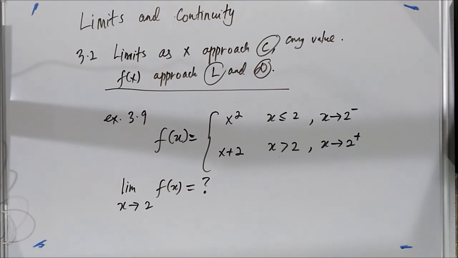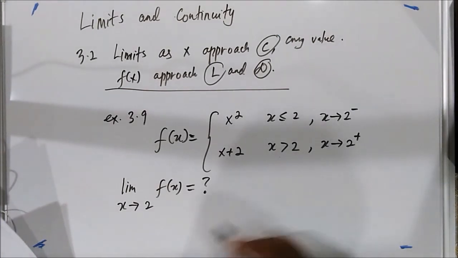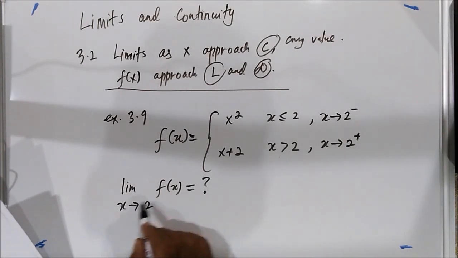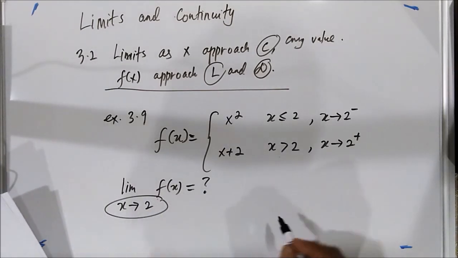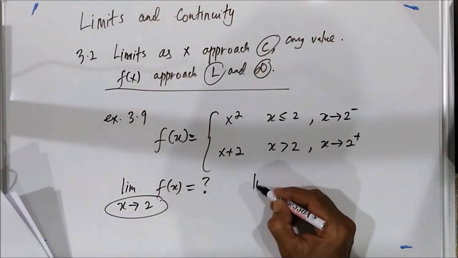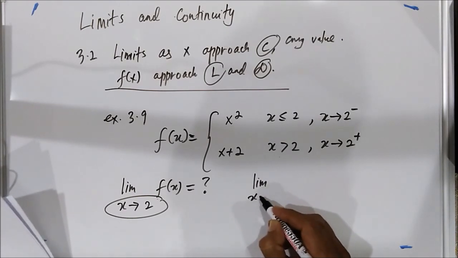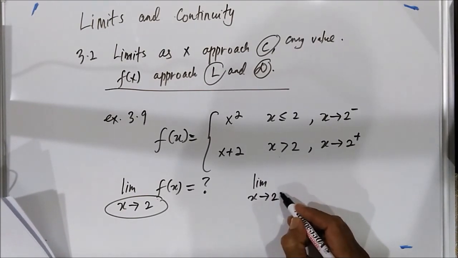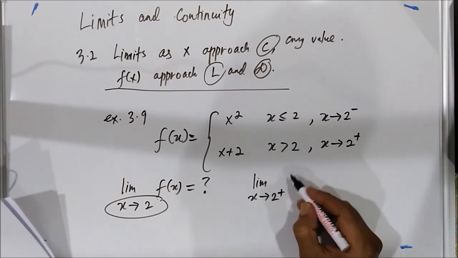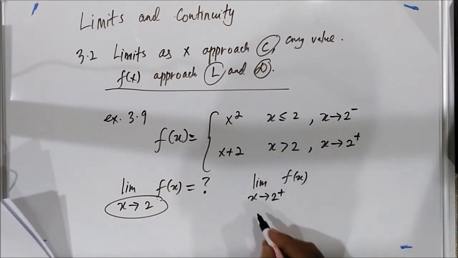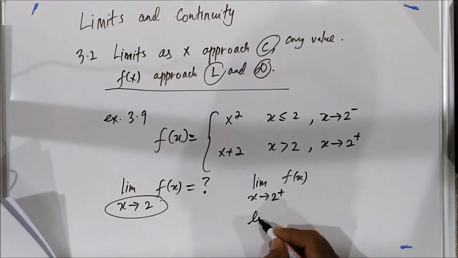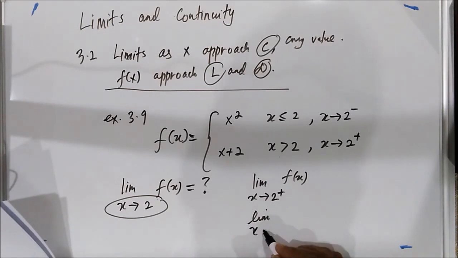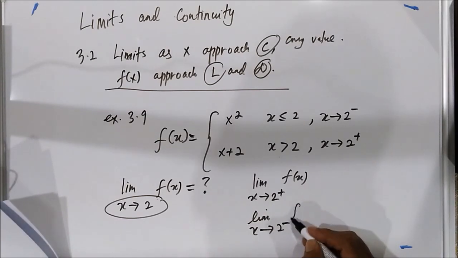If you want to find the limit as x approaches 2, we need to find the limit as x approaches 2 from the positive side, then the limit as x approaches 2 from the negative direction.